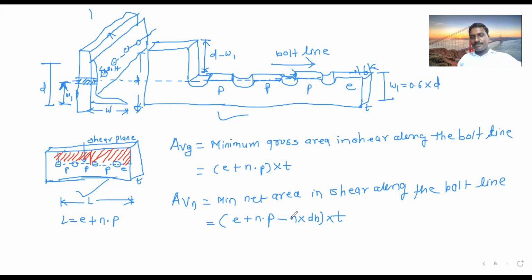What is N? N is the number of holes and DH is the diameter of hole. Okay. But how many number of holes are there here? 4 holes. Four bolts आहेत, I know.